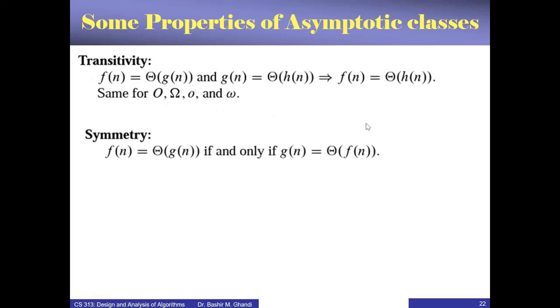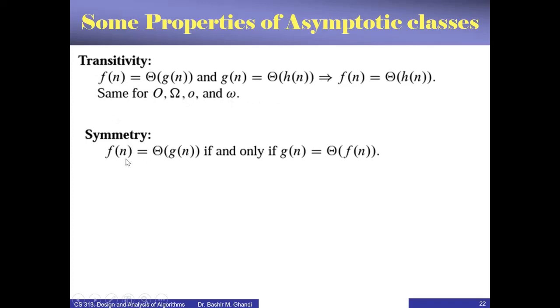Next property is the symmetry property. So here it says Fn is theta of Gn if and only if Gn is theta of Fn. Now here you have to be careful. The symmetry only applies to theta. It doesn't apply to the others.